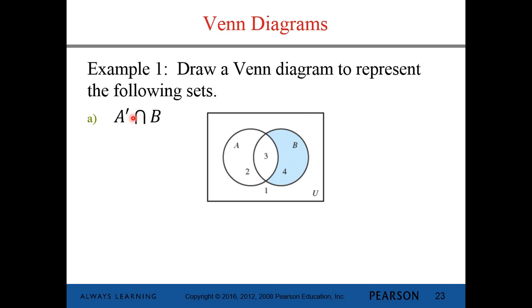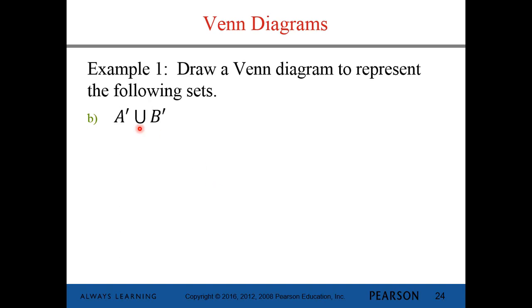But we want the intersection of everything that's not in A and in B. So the intersection is going to be this shaded region right here. If we just said not A, it would be everything outside the circle, including everything else in the universe, in the universal set.